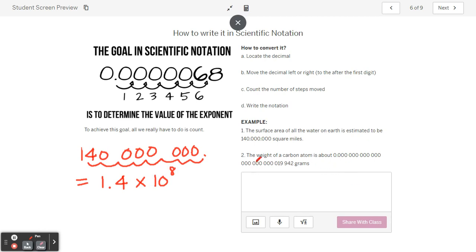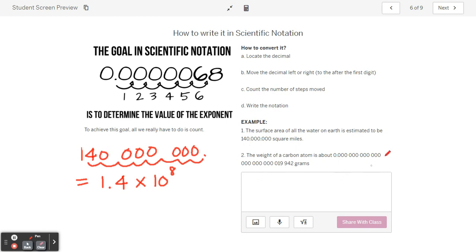Another example. The weight of a carbon atom is about 0.000000000000000001992 grams. Now, the fact that I've had to say all those zeros made my head hurt, and also I wasn't even sure how many zeros there were.